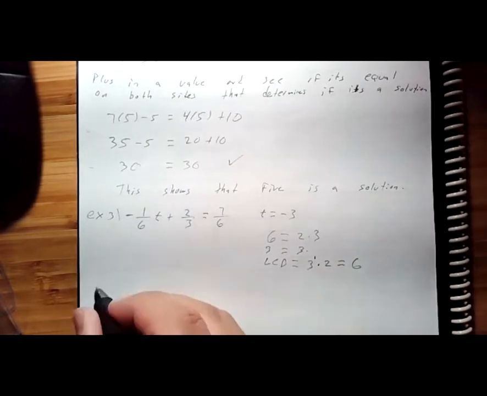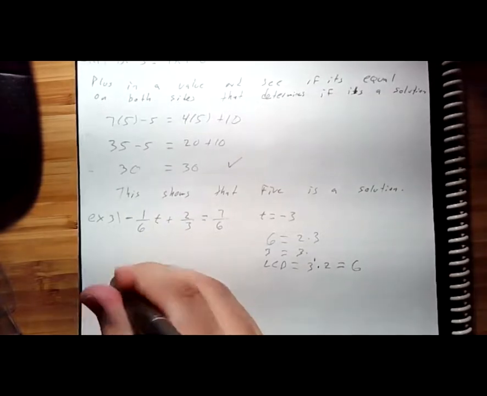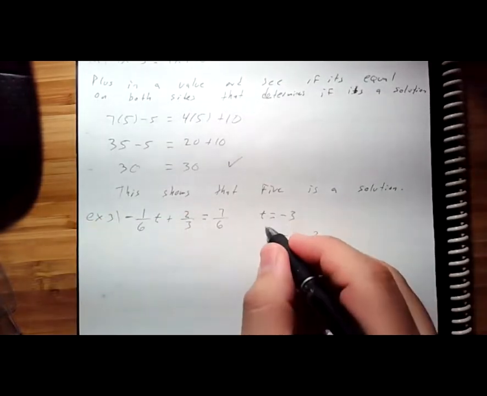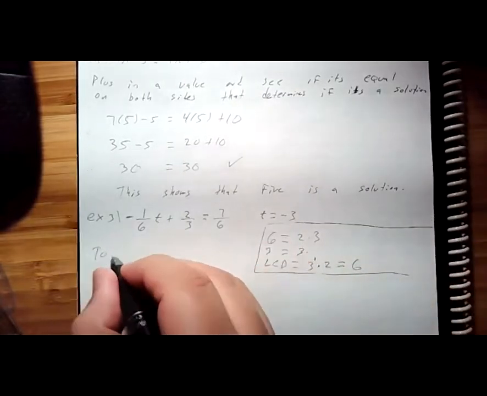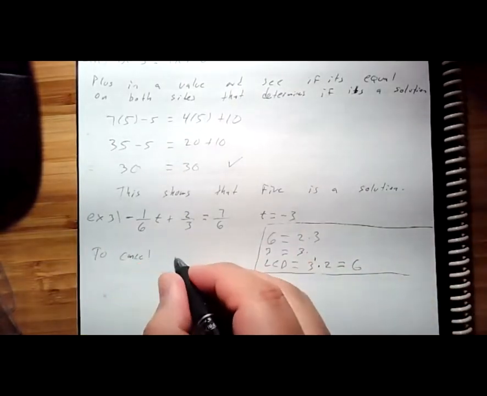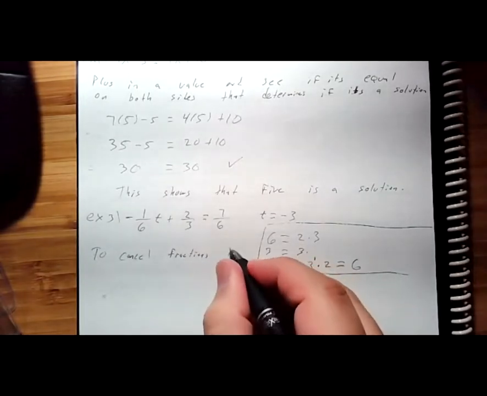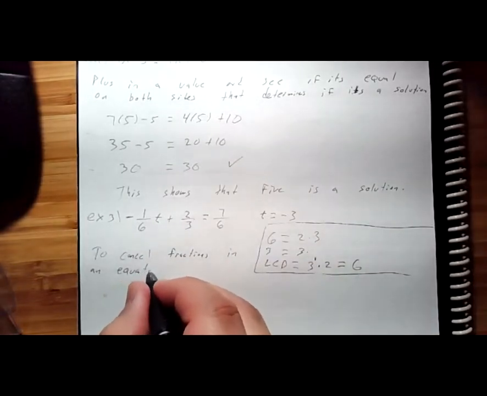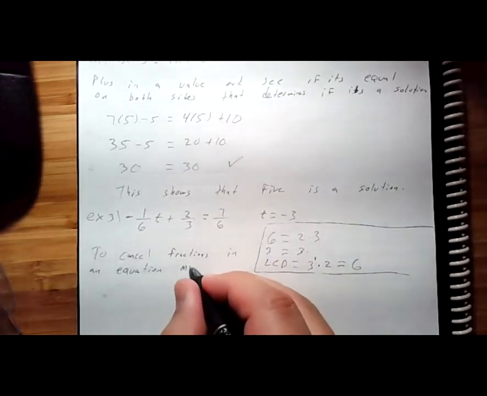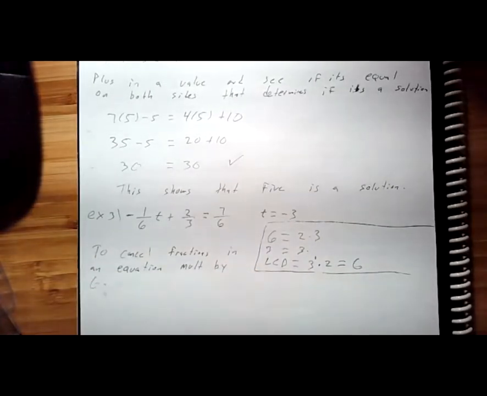So to cancel fractions, again, has to be an equation. In an equation, multiply by 6.